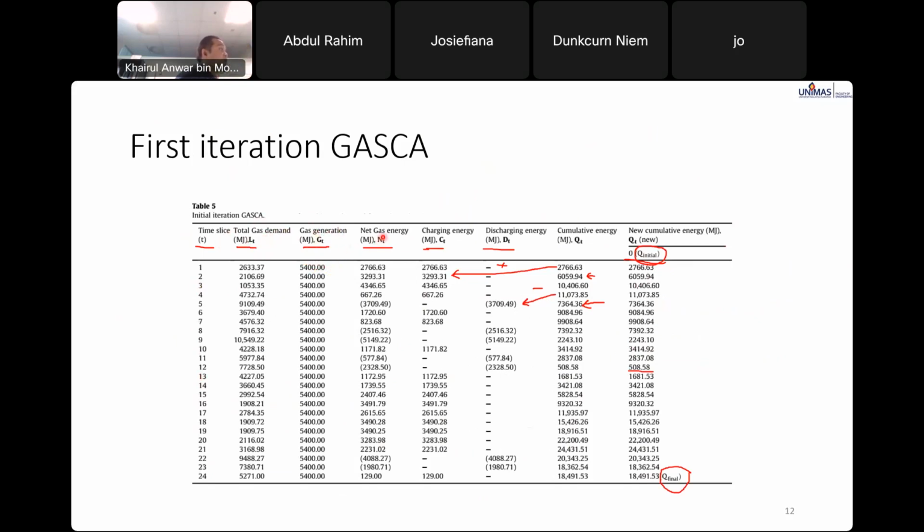The net gas energy, then categorize the net gas energy for charging and discharging. Then you do the cumulative. For charging plus, for discharging minus. Then start with Q initial of 0, we do the new cumulative energy.